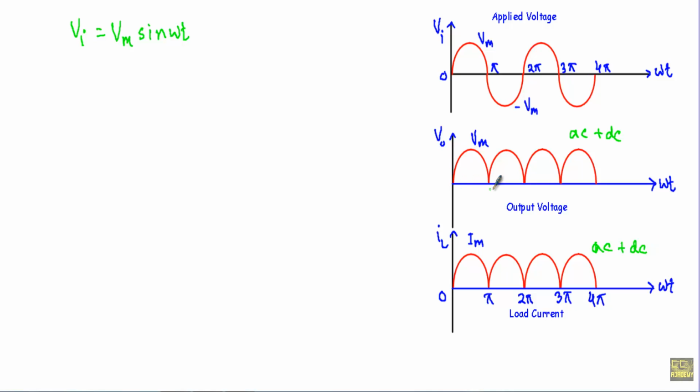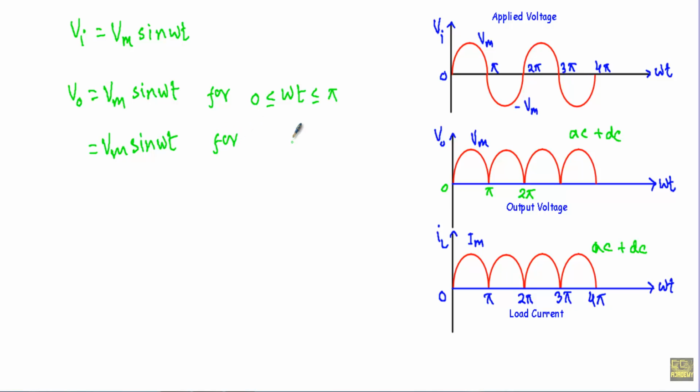See, from 0 to pi interval, VO equal to Vm sin omega t for omega t interval 0 to pi. Now look at the pi to twice pi interval. You will see it will follow the same equation, Vm sin omega t for omega t equal to pi to twice pi.